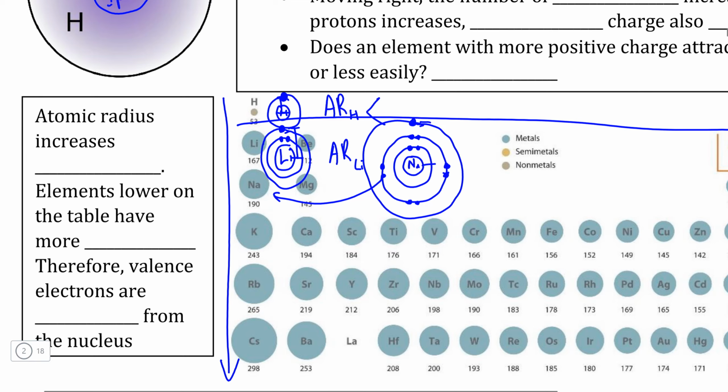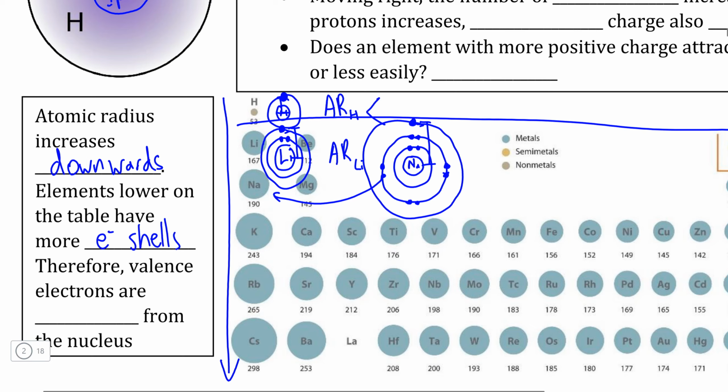If we measure the distance between the center of sodium's nucleus and the outermost shell, we can see that as we go from hydrogen to lithium to sodium, atomic radius is increasing as we go downwards on the periodic table, because each time we go to the next period, we add another electron shell.